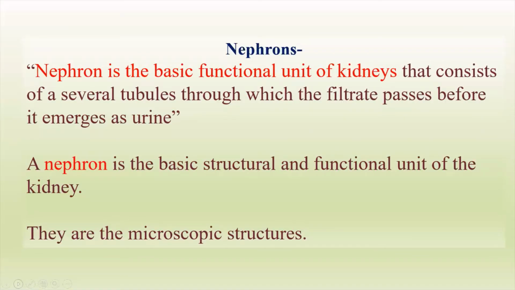So let us talk about nephrons. A nephron is the basic functional unit of a kidney that consists of several tubules through which the filtrate passes before it emerges as urine. A nephron is the basic structure and functional unit of the kidney. They are microscopic structures, but as there are about 1 million nephrons in just a single kidney, we are able to see the kidneys, even if nephrons are microscopic.